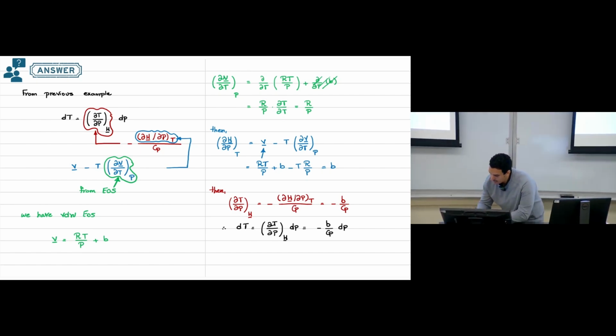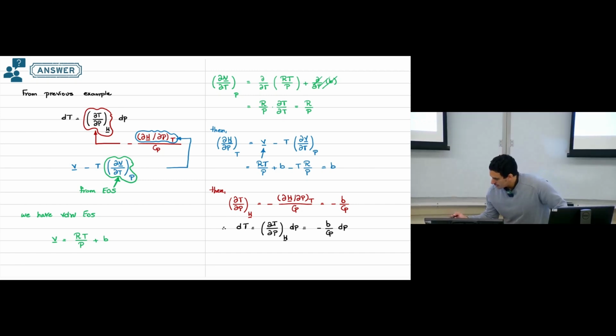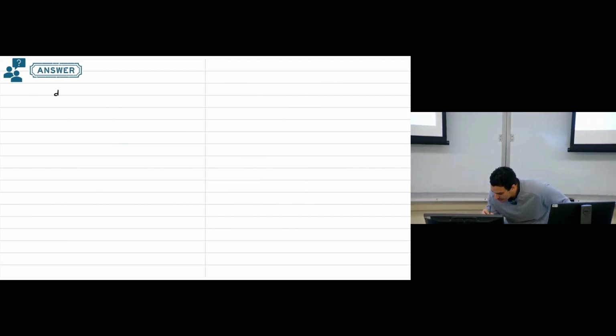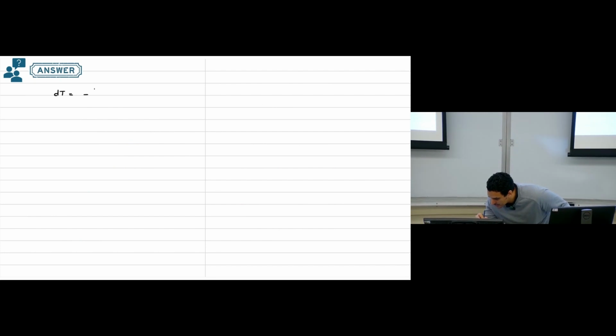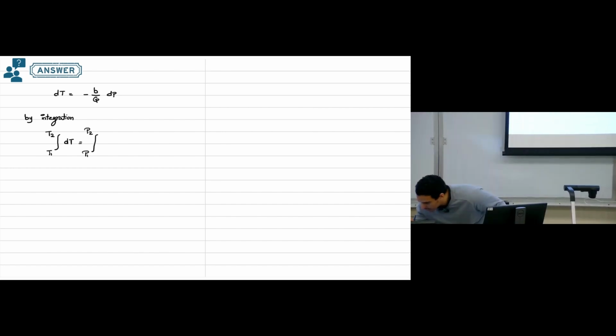Then we can integrate this equation. So let's write the last equation. We have dT equals minus B over Cp dP. Now we integrate from the inlet temperature to the outlet temperature dT, equal to the integration from the inlet pressure to the outlet pressure of minus B over Cp dP.